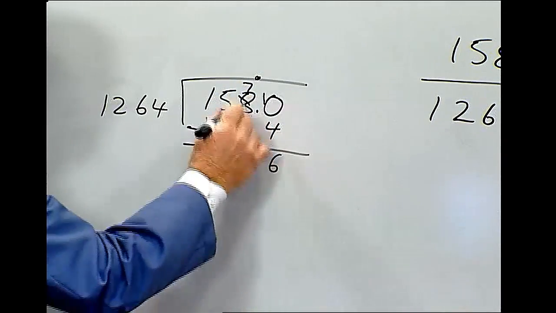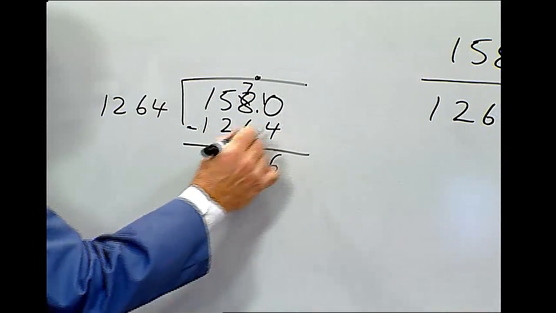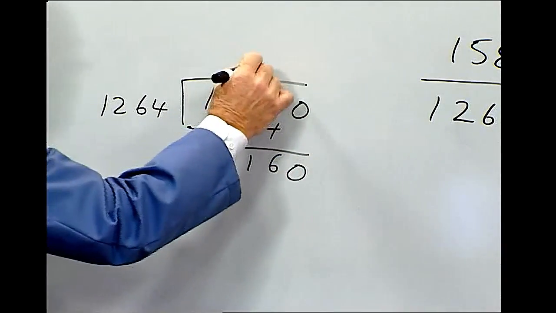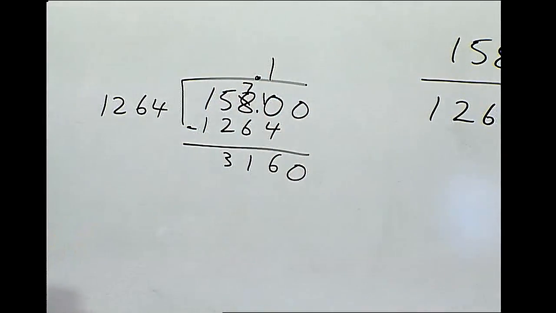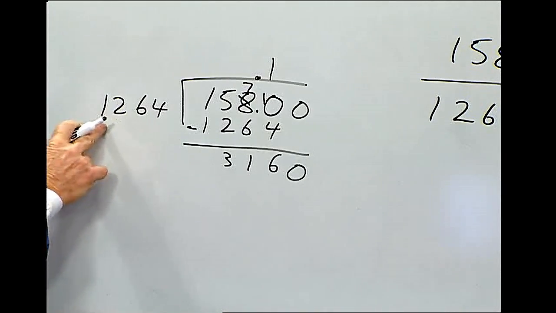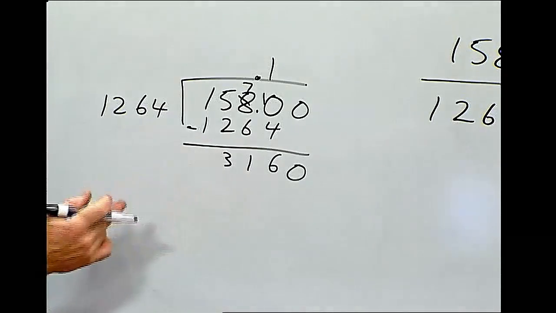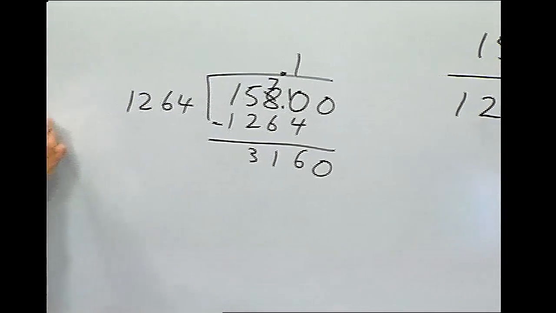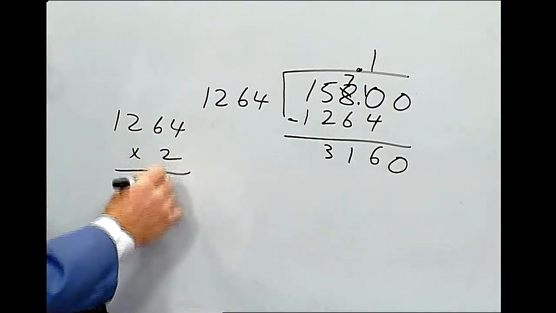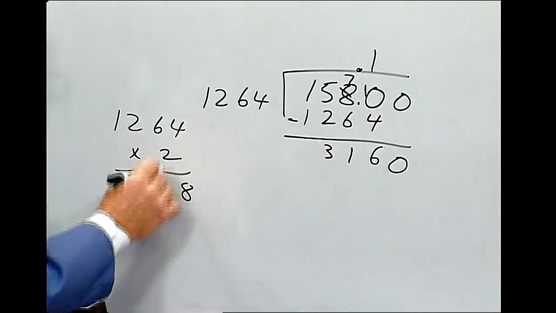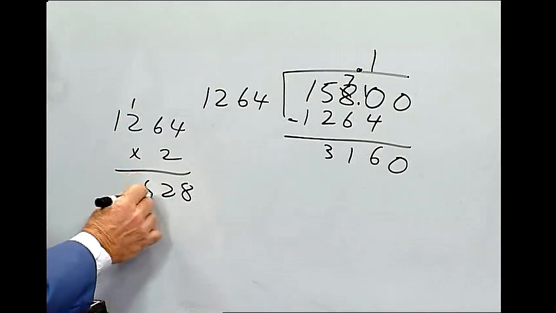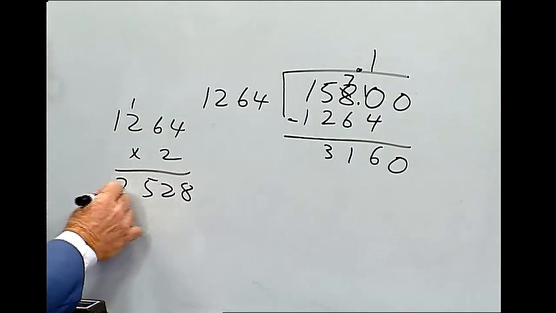That'd be 6. This is 1. That's 3. Bring down a 0. And we'll put the number over here. That'd be 1 time. How many times does that number go in? We just take the two numbers here, 12, 24, probably 2 times. 1264 times 2. 2 times 4 is 8. 2 times 6 is 12. 1, 2 times 2 is 4, plus 1 is 5. 2 times 1 is 2.